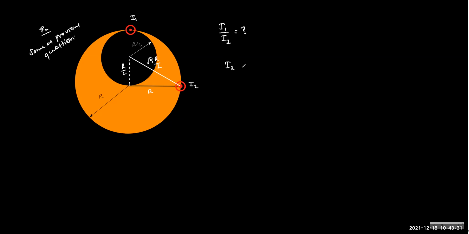And therefore, the I2 part will be 3 by 2 m r square minus, that is the same, and now this will be m r square by 2 plus m r square by 4 into 5 by 4, so 5 by 16 into 11 by 32.